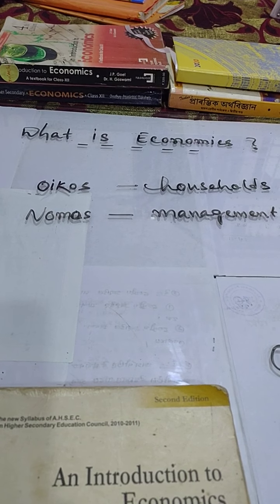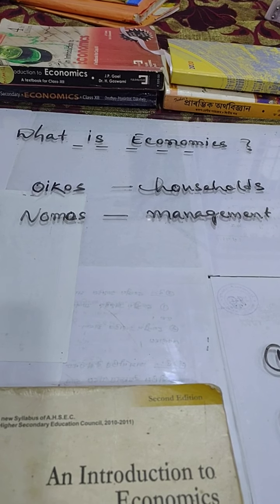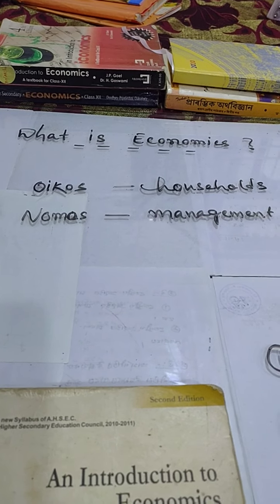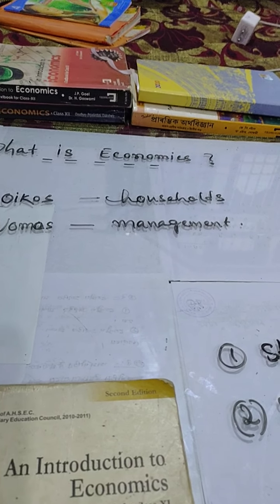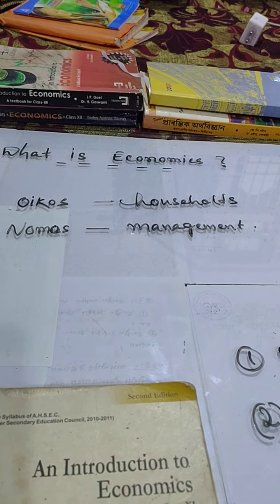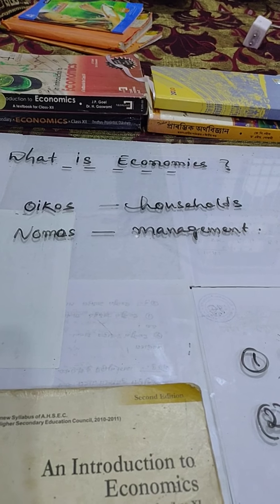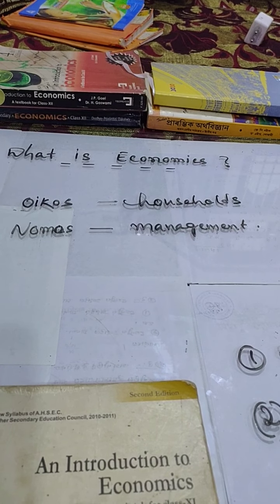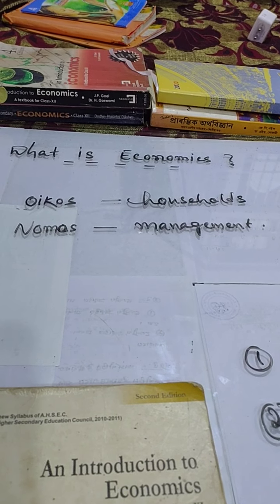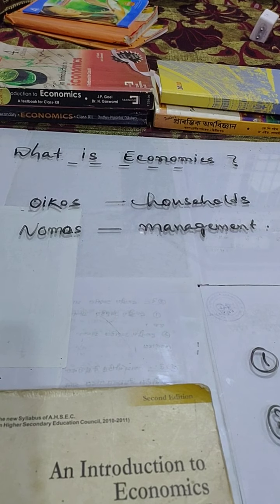First, you see that economics is a subject of social science. It implies that it is not a subject of pure science or general science like physics and chemistry. So, what kind of contents or variables will we study in economics?